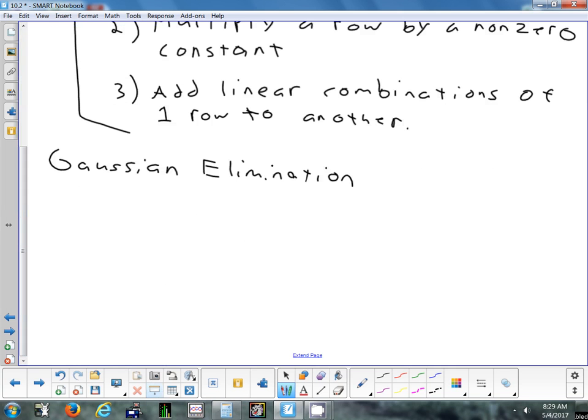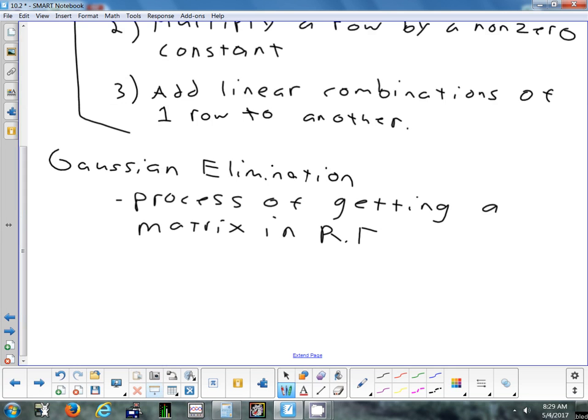Okay, so I can write that down. So process of getting a matrix in row echelon form using the elementary row operations I mentioned above.